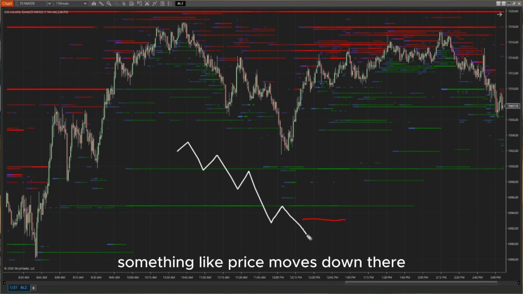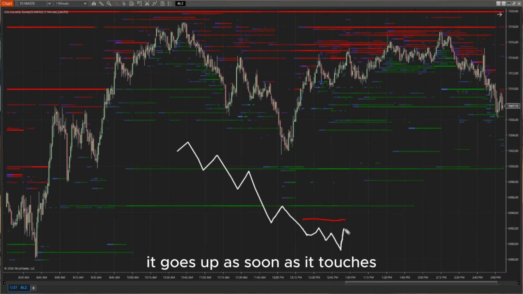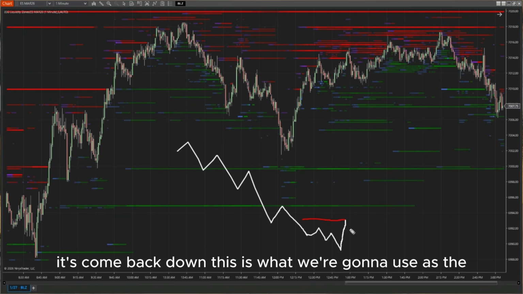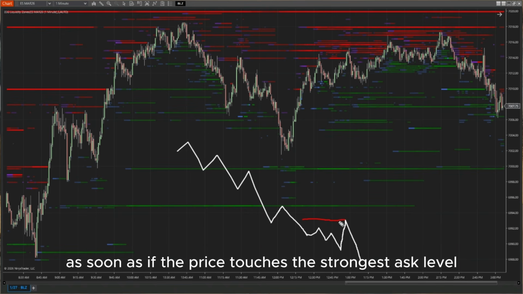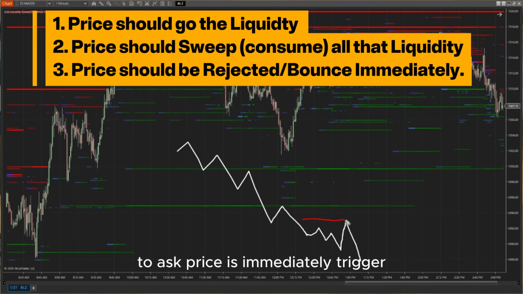Price moves up there, and as soon as it touches, it comes back down. This is what we're going to use, as we saw the strongest red line. Price went to the liquidity, and as soon as the price touches the strongest ask, level 2 ask, it immediately triggers the sell orders and comes down. That's what we're going to look for.